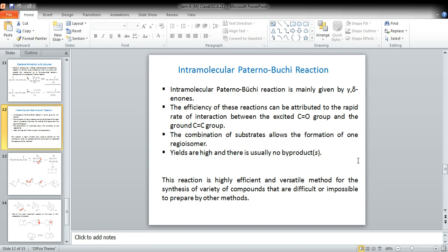Why is it an efficient method? Because by applying this particular intramolecular Paterno-Büchi reaction, we may synthesize various organic compounds. Only thing is that, depending upon the organic compounds we want to prepare, we have to take respective carbonyl compounds having C=O and C=C.